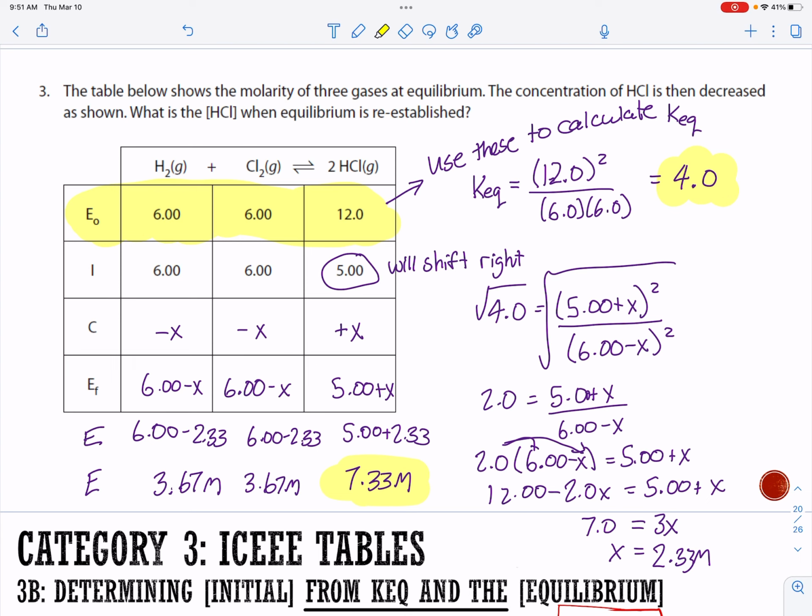So even though we've removed HCl, the reason why that is a positive value is because I'm looking at what happens to the system after I've removed that HCl. So it's going to be positive. The other ones are going to be negative. Once I get the final equilibrium concentrations with the x's, I added a couple of extra rows to my chart and solved for that final equilibrium, which I got 7.33.